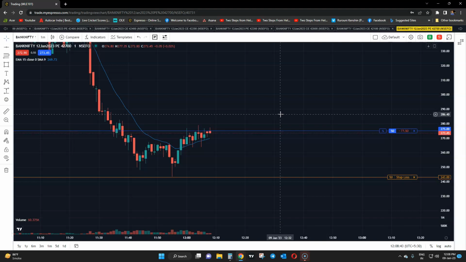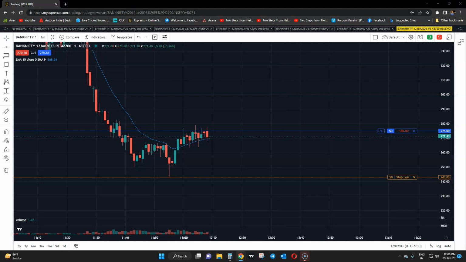So let's wait and see if this works out. I have a feeling that it might, unless it's just an eyewash and then we'll go back up. Because I think till now the downtrend, the bears have not been able to establish themselves as much. So let's see what happens.